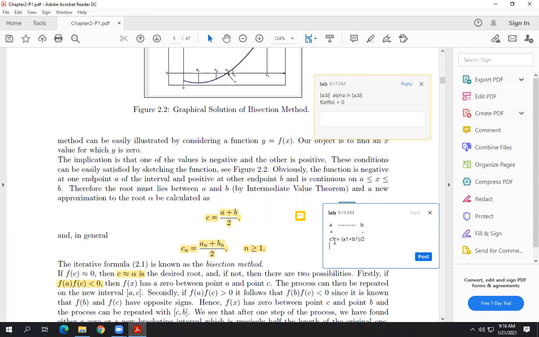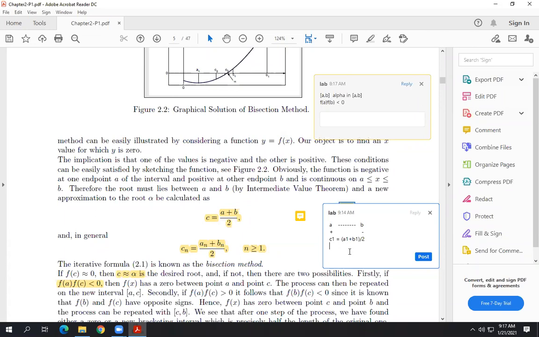Now we want to find the second approximation. c1 is the first approximation. The bisection formula needs 2 approximations, and we have 3 here, so we have to pick only 2. We pick them by opposite sign.